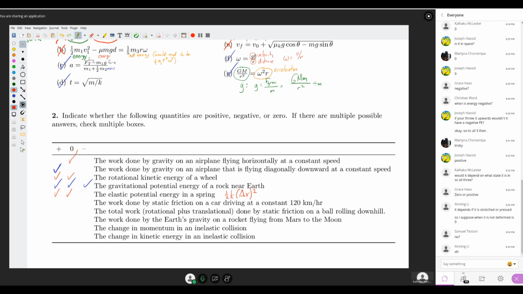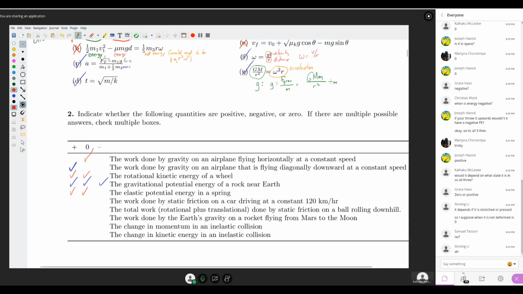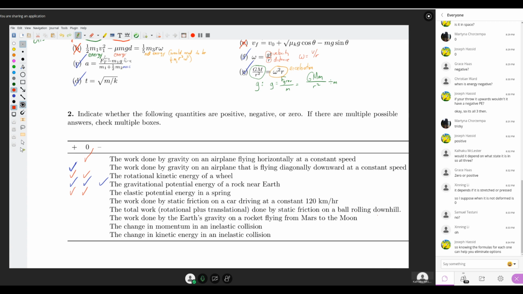It's going to push something in the direction that it moves. Like the force will be in the same direction as the motion. So that one cannot be 0. Yes, exactly, knowing the formulae can help you here.